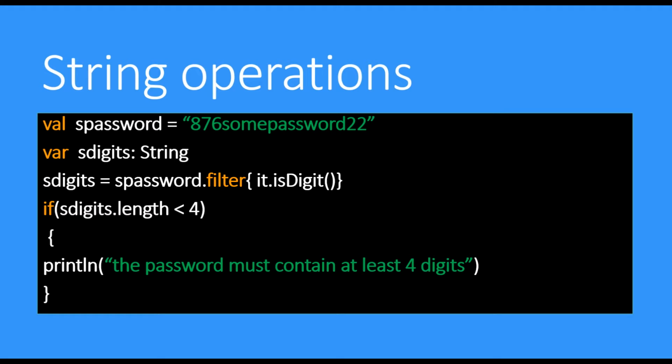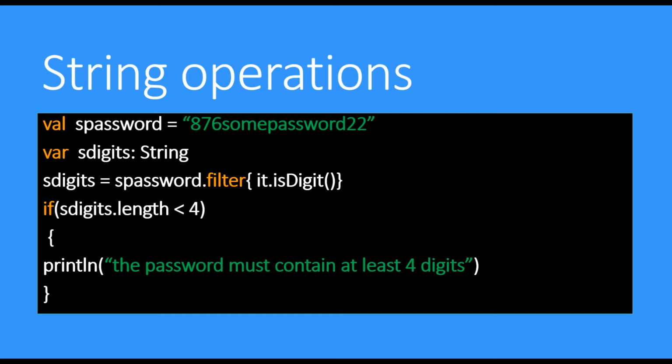So we use that reference, and then we apply the function isDigit to that character. The isDigit function simply defines whether that character is a digit or not. In case of a digit it returns true, and otherwise false.